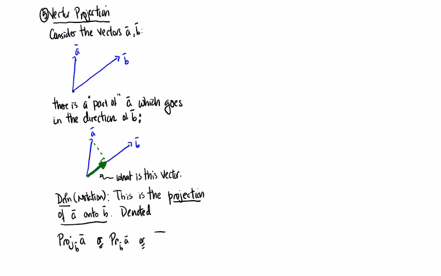Some textbooks will use a capital letter pi. I would suggest not doing that because capital pi is used for other things in mathematics, so I would use one of the first two. This quantity is used when we're dealing with forces. For example, if A is a force, how much of that force is in B's direction?